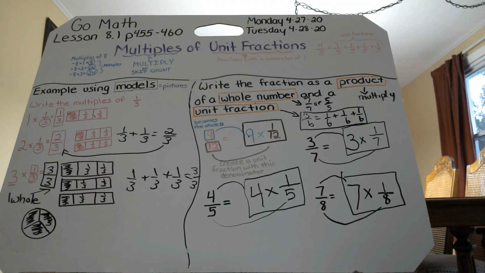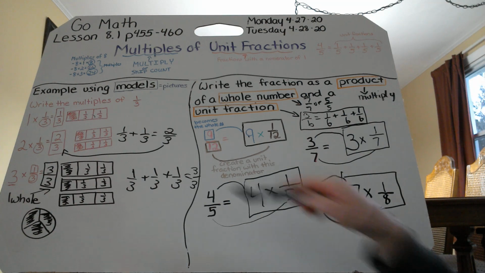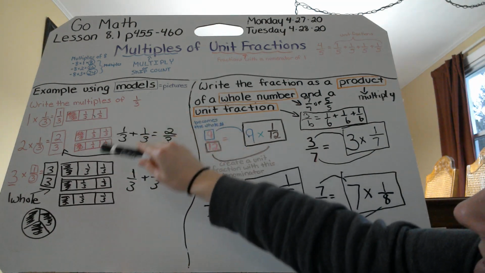So, ladies and gentlemen, your work for today is this, okay? You are doing 456, read over page 455. It's just a little word problem question, but it does start the chapter off. And then 456 is a question that looks like this.